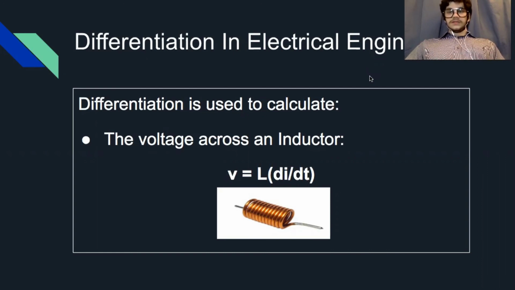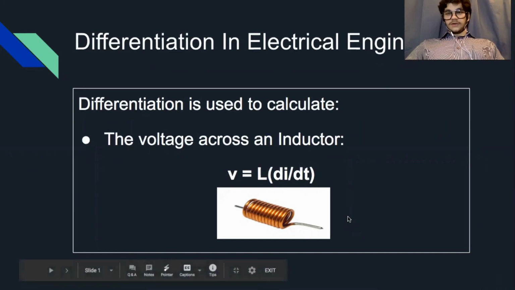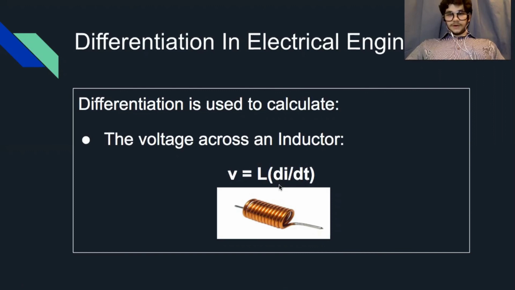First of all, differentiation can be used to calculate the voltage across inductors like this one, for example, by using the following formula. Voltage equals the inductance multiplied by the current's rate of change over time, which is also known as the derivative of the current.